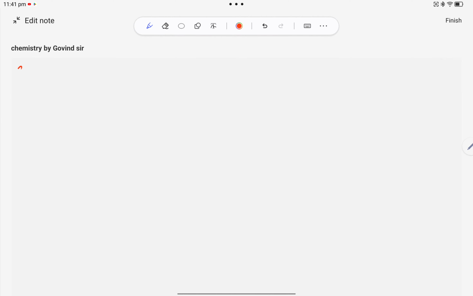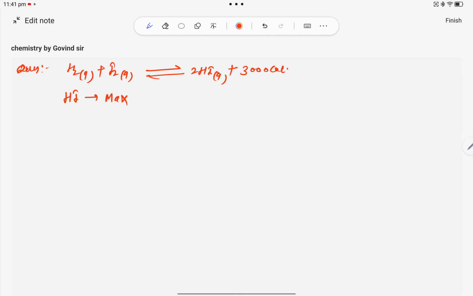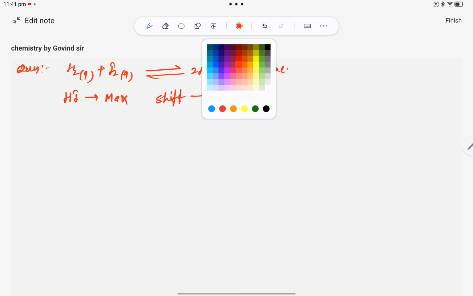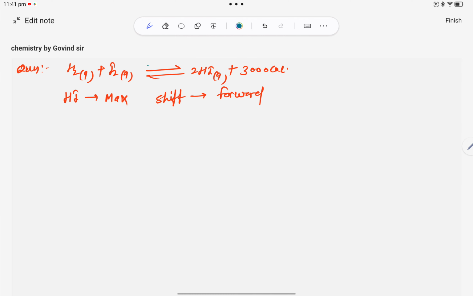So the question is: H2 gas plus I2 gas forms 2HI gas plus 3000 calorie. How to get maximum HI? So in which direction is HI formed? In the forward direction only.